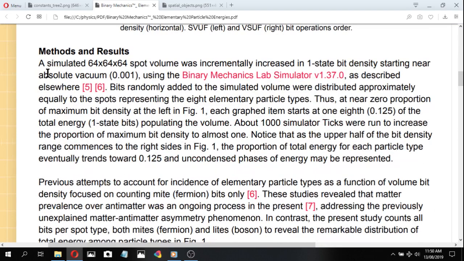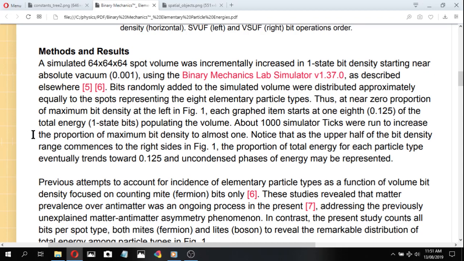In this study, a simulated 64 by 64 by 64 spot volume was incrementally increased, starting near absolute vacuum, using the Binary Mechanics Lab simulator. Bits randomly added to the simulated volume were distributed approximately equally to the spots representing the 8 elementary particle types. Thus, at near zero proportion of maximum bit density at the left of Figure 1, each graphed item starts at 1/8 of the total energy populating the volume.